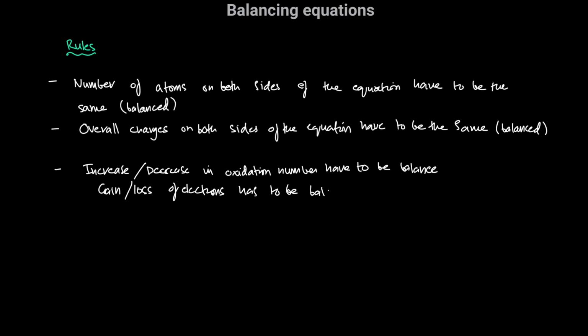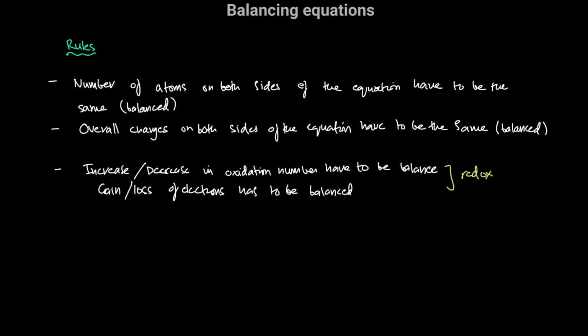Now this only applies to redox reactions, right? Because redox reactions involve changes in oxidation number, or they involve electron exchange. Whereas the first two rules apply to all kinds of chemical equations, the third rule applies specifically to redox reactions. So for redox reactions, we're going to be looking at all three of these rules.